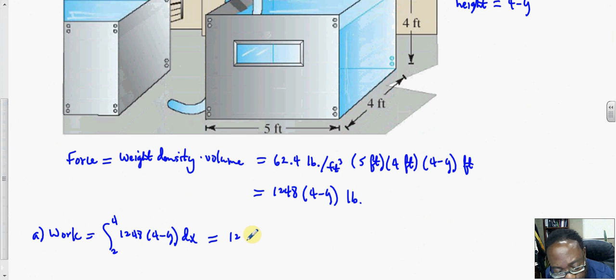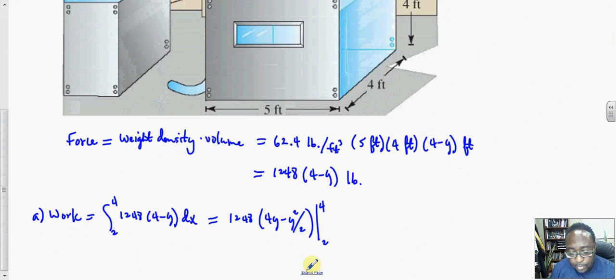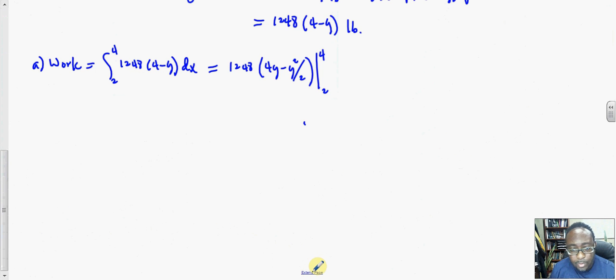So 1,248 times 4y minus y squared over 2. These terms are being calculated from 2 to 4. And so the work, 1,248.